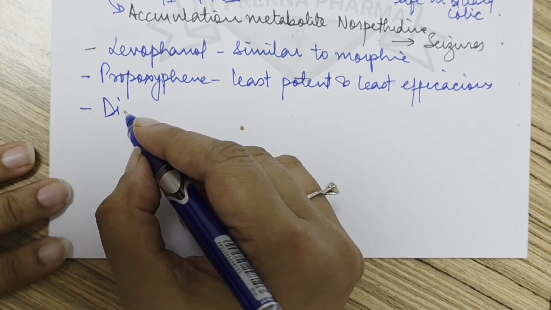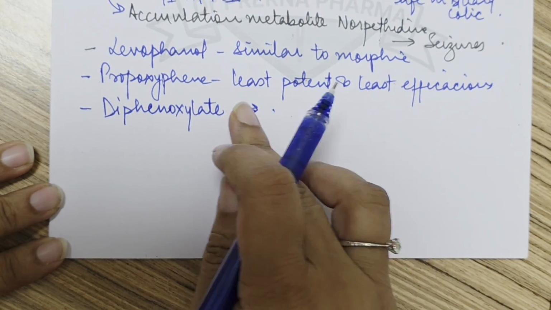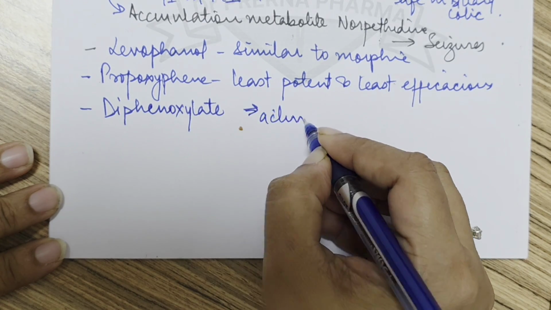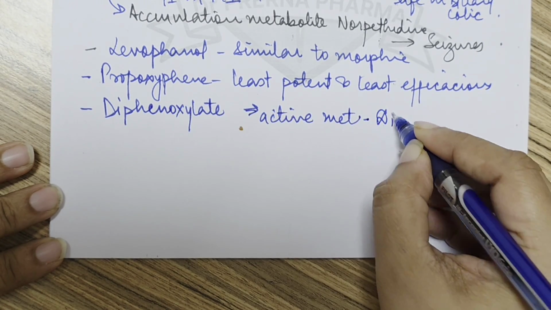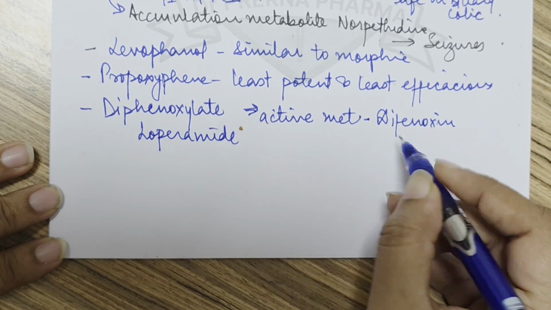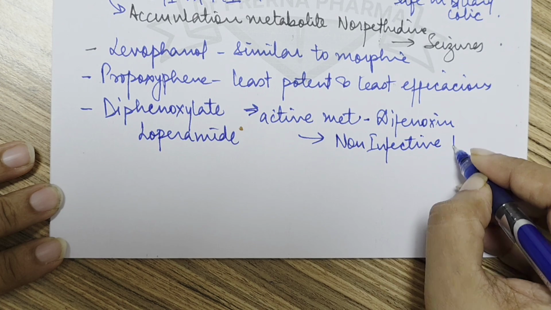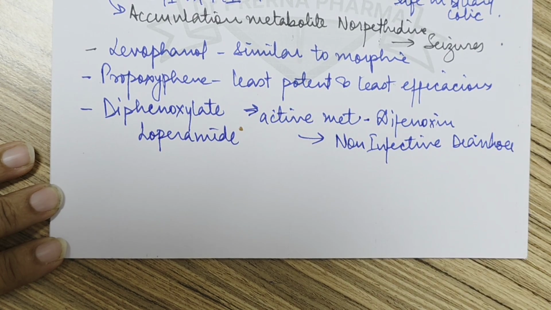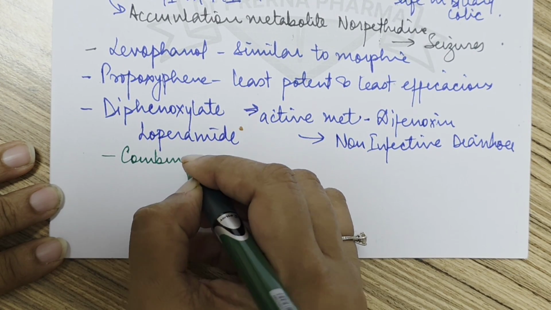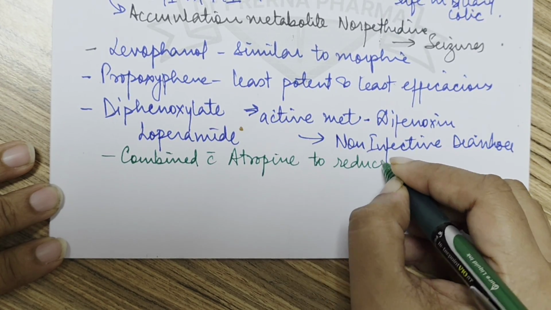Then there is a drug which is called diphenoxylate. Now diphenoxylate and its active metabolite diphenoxin, and another drug is loperamide. They are used to control the non-infective diarrhea because of their constipating action, and they are combined with atropine to reduce the abuse potential.